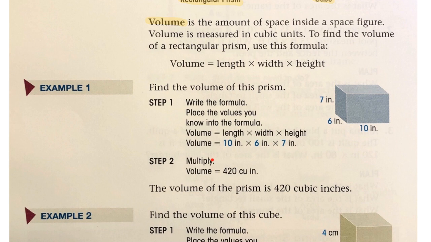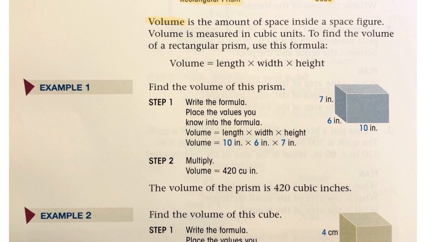Then you multiply all the numbers. 10 times 6 is 60, 60 times 7 is 420, and we can represent cubes with two letters, CU, and in this case they're inches, so IN. 420 cubic inches. The volume of the prism is 420 cubic inches.